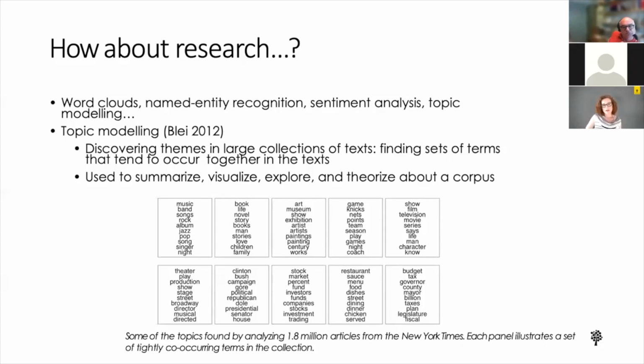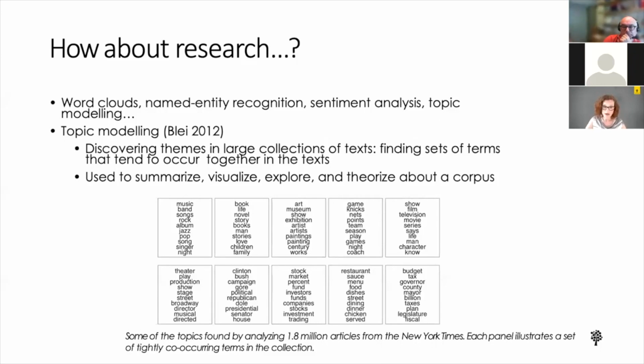So here it would be good to mention that for research purposes, and certainly for university libraries, but even other libraries, it is good to make users aware about ways to create word clouds, named entity recognition, meaning to extract automatically names of persons, places from documents, sentiment analysis, like the ones used for election prediction, for example, or topic modeling.